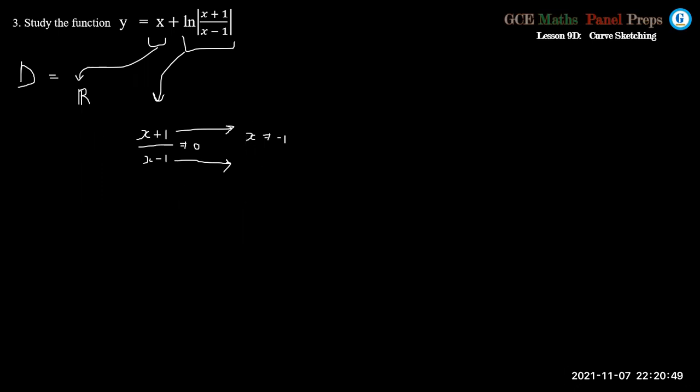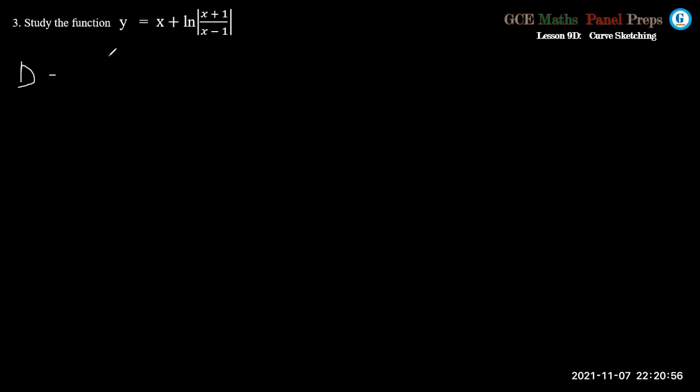So the domain will be equal to the set of all real numbers, so from negative infinity to -1, union -1 to +1. Oh, I love this function.